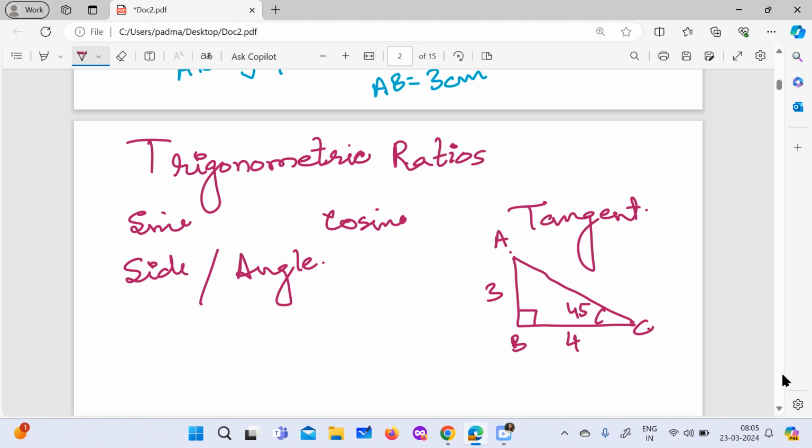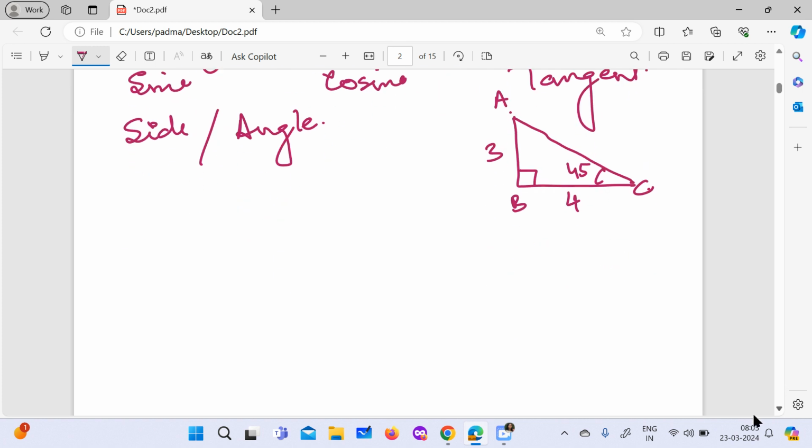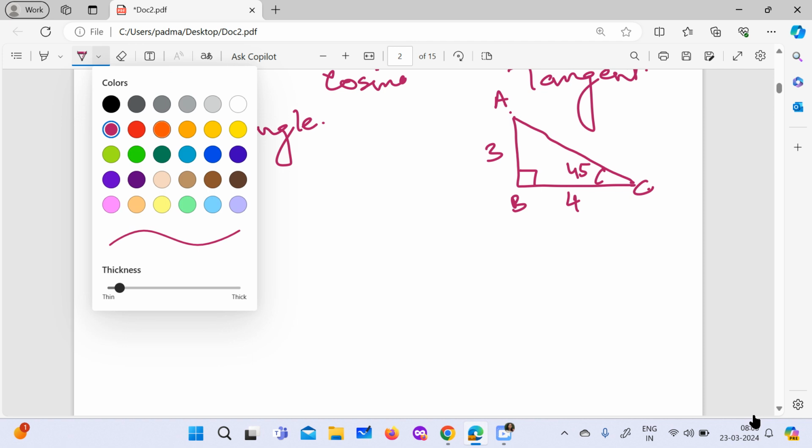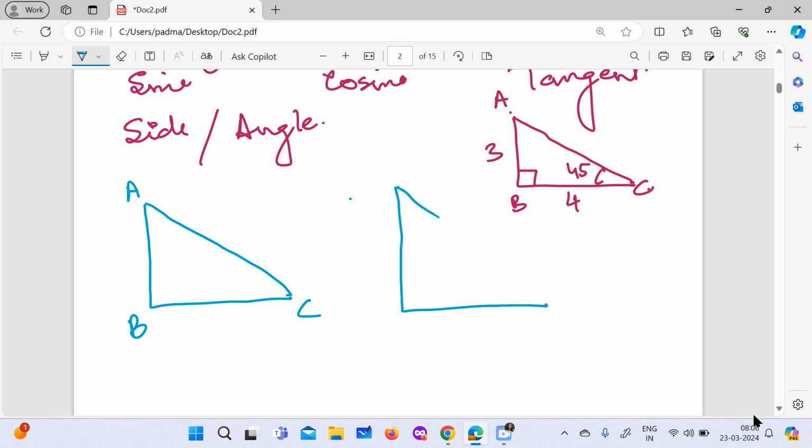Before I explain sine, cosine, and tangent, you should be able to mark your triangle properly. This is very, very important, marking the triangle properly. So understand it. How do we mark it? Let's say this is your triangle A, B, C, and let me mark another one.